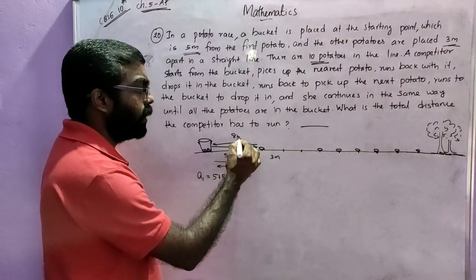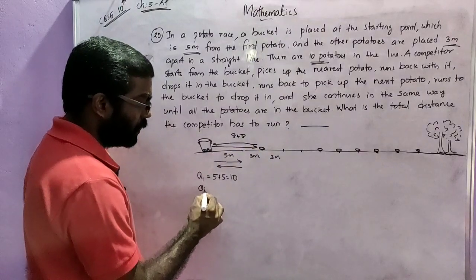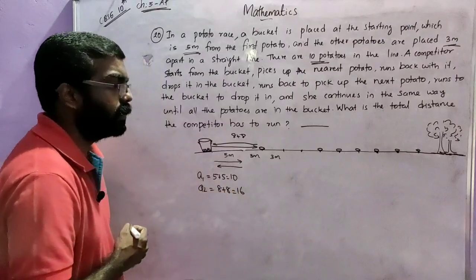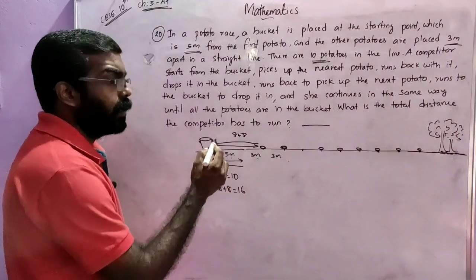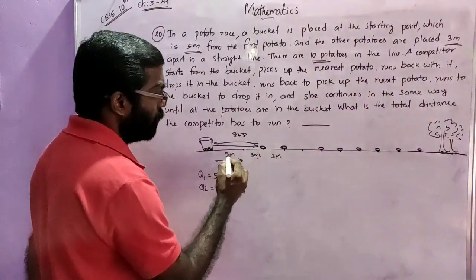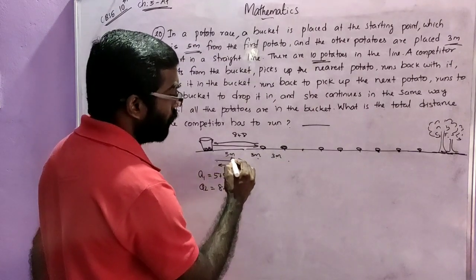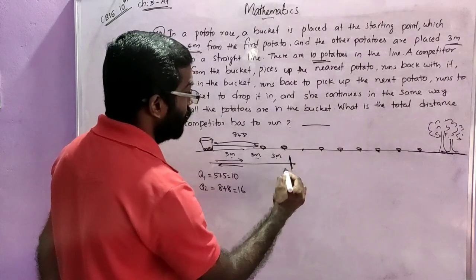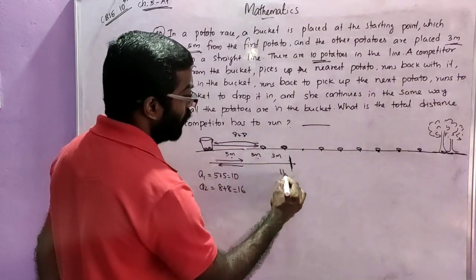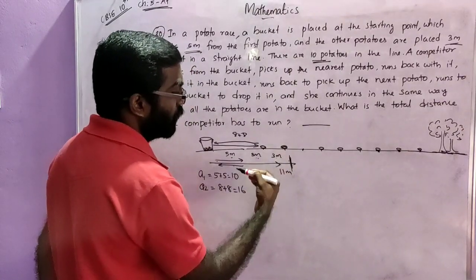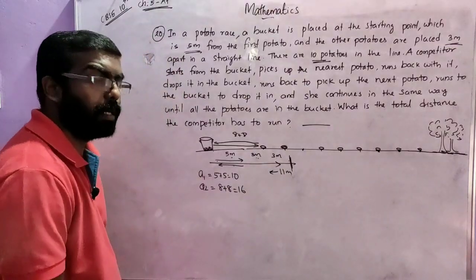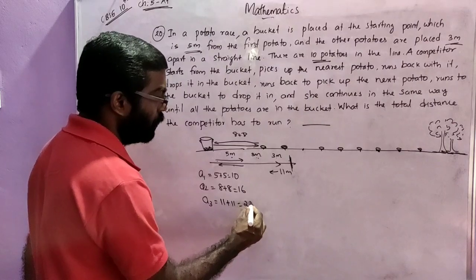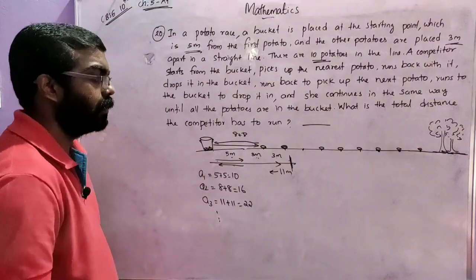That is 8 plus 8, which is equal to what? 16. Okay. And to take the third potato, the competitor has to run 5 plus 3 plus 3, 11 meter forward and 11 meter backward. That is A3 is equal to 11 plus 11 which is equal to 22, and so on.